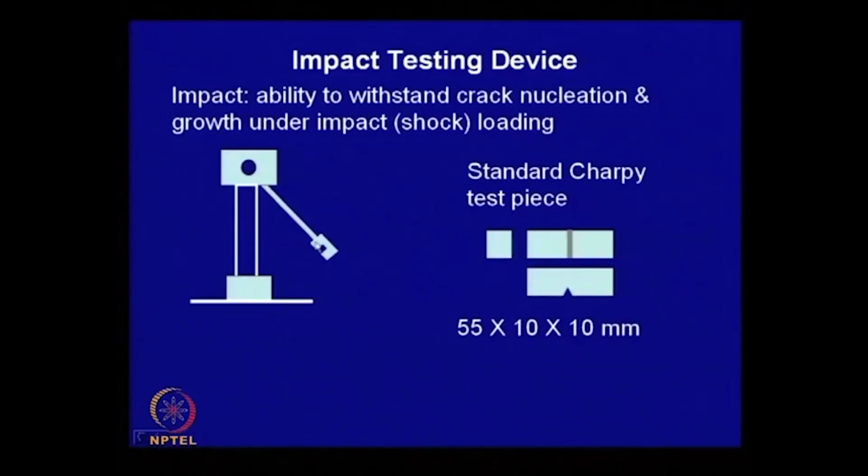This is a rod on which a massive hammer is attached. This is the head of the hammer which strikes the test piece at this particular point. Now, you raise it to a particular level, there will be an indicator, usually a pointer, which indicates the height up to which it has been raised, and then you place the sample here at the base horizontally, and thus you release this hammer.